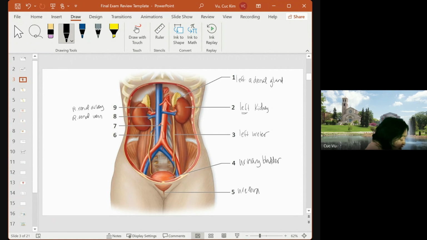Number 7, I don't think we've covered, but just in general, what would that be? It's in the abdominal area. What's the large blood vessel that's going to take the blood away from the heart towards the body? Aorta? Yeah, that's going to be your abdominal aorta.